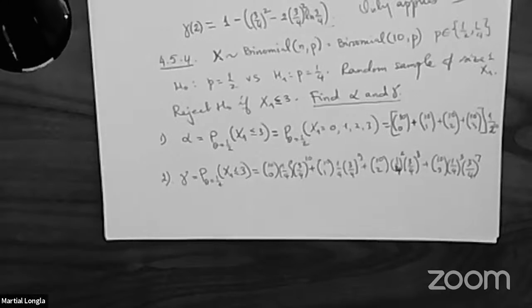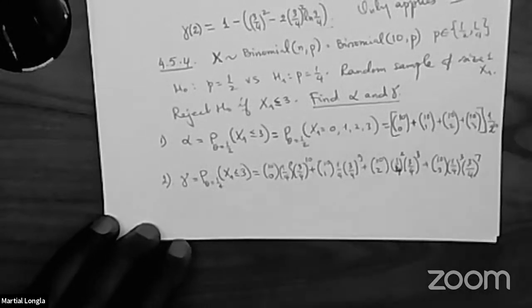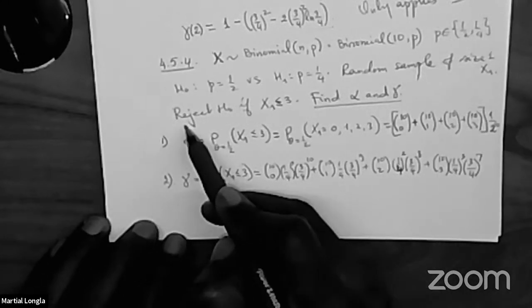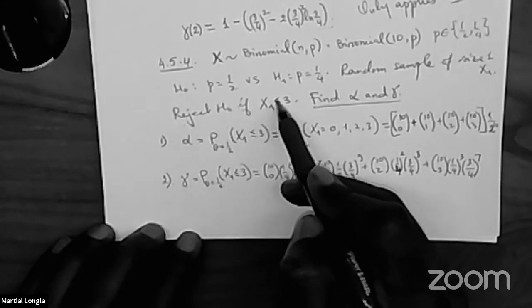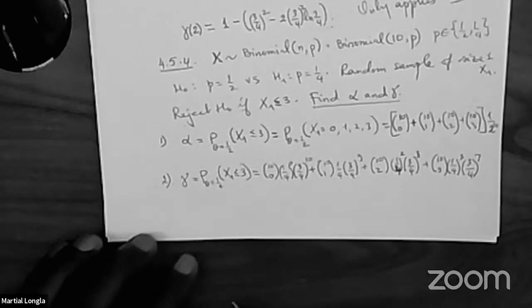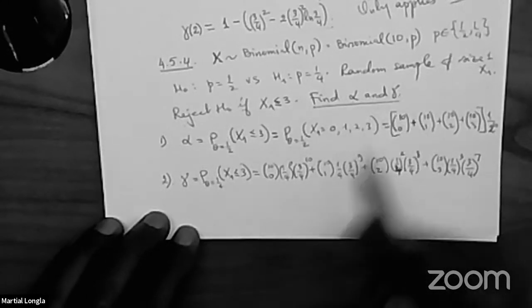So the alternative has only one value of theta, 1/4. And you use a random sample of size 1, x1. And it says the rejection rule is: reject H0 if x1 is less than 3. That's the rule. Question: find alpha and gamma.